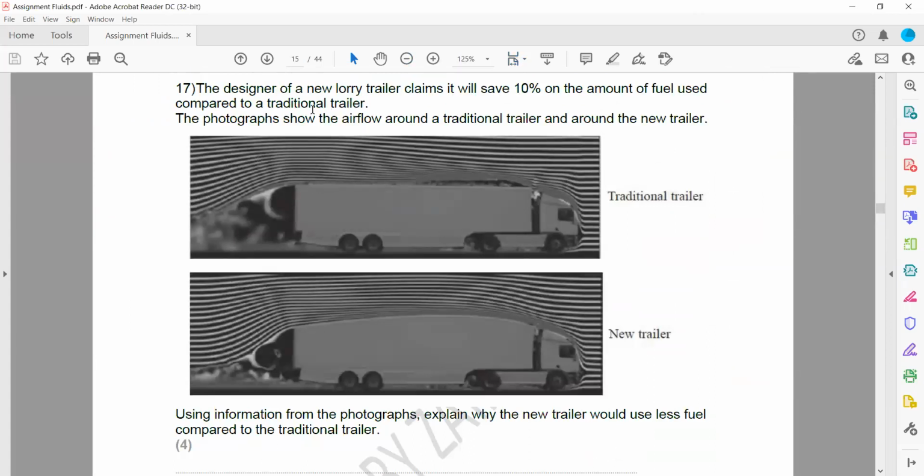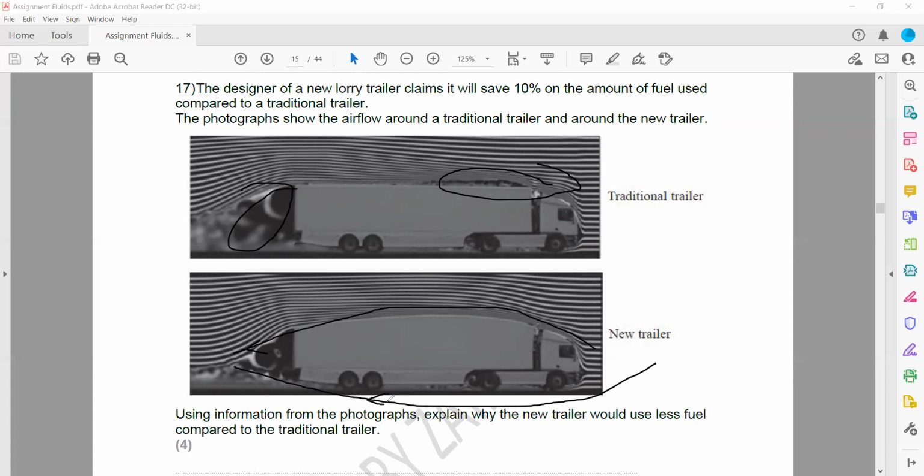Then the designer of a new lorry trailer claims it saved 10% of the amount of fuel used compared to the traditional one. This is a traditional lorry, and this one is the new design, a new trailer. The photograph shows the air around the traditional and around the new trailer. You can see the traditional lorry has a greater region of turbulent flow, but the new trailer is more streamlined, like a jet or an airplane.